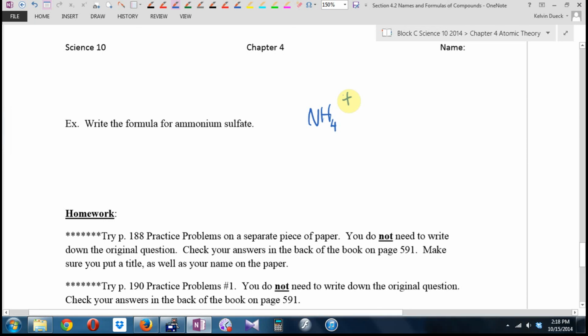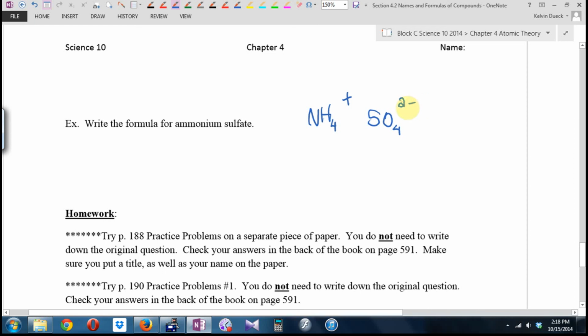Did they say sulfite? They said sulfate. And I hate the naming of the polyatomic ions because they all sound alike. There's a chlorate and a chlorite, and they could have done better. I'm not in charge of that. Meanwhile, sulfate, what is its formula? What's on the chart? Taylor. SO4 2 negative.